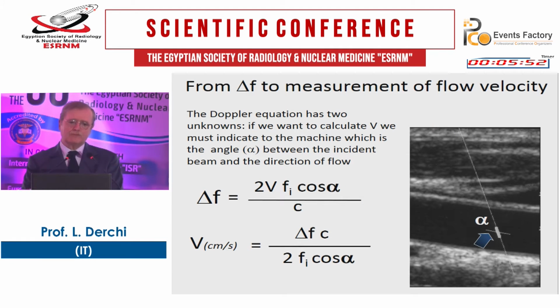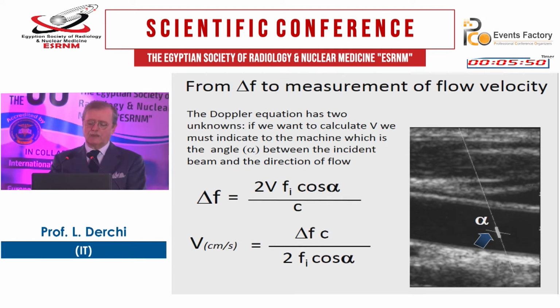At this moment, we have to remind one thing. Remind the equation. The equation has two unknowns, because delta F is measured by the machine, but we do not know the velocity and the angle between the flow and the direction of the ultrasound beam.